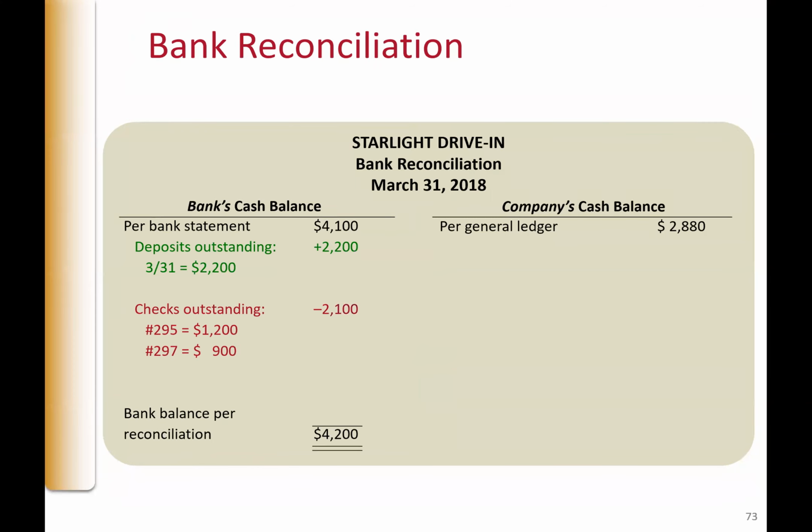So what we do, per the bank's cash balance, we show the deposits that were outstanding, and then we subtract the checks that are outstanding. So the bank balance per reconciliation here is 4,200.